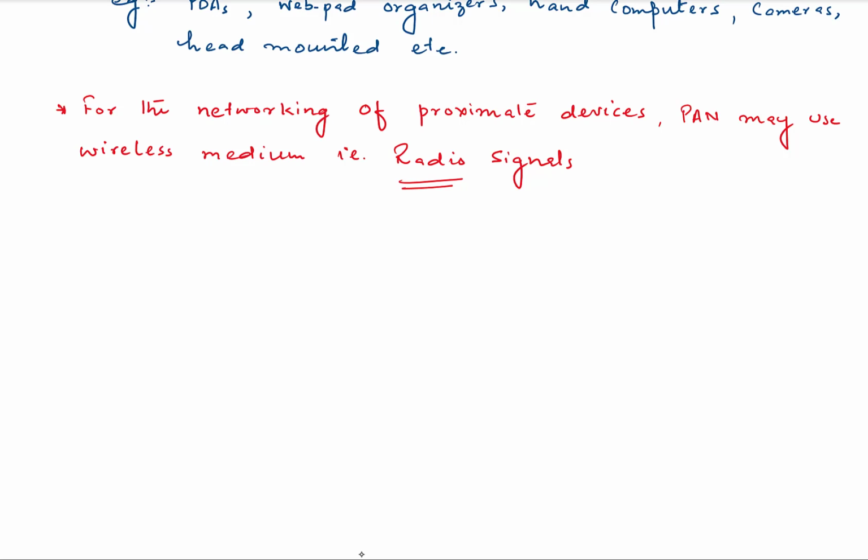The wireless PANs form a bubble around the person. WPAN forms a bubble around a person.